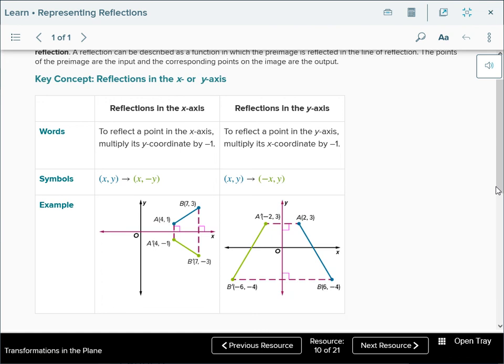So it'd be 4, -1. And that's where it ends up. Now, a lot of times, instead of doing that, how far is point A above the x-axis? 1. So how far below it should it end up? 1. So you could just count, but you could also do the multiplication there.